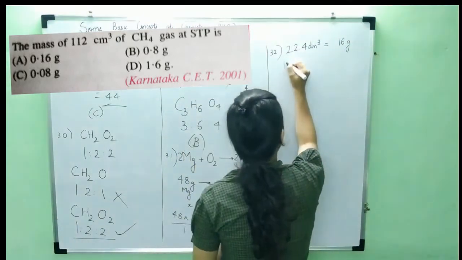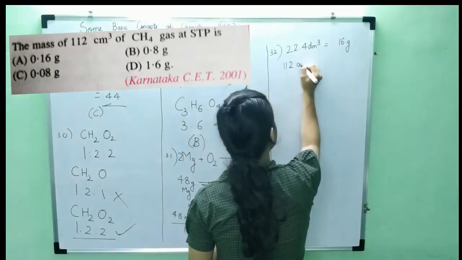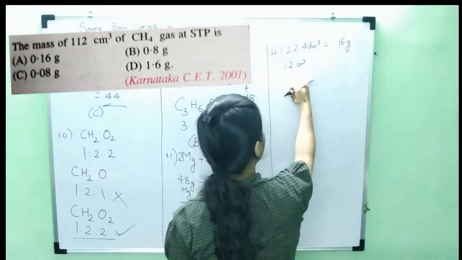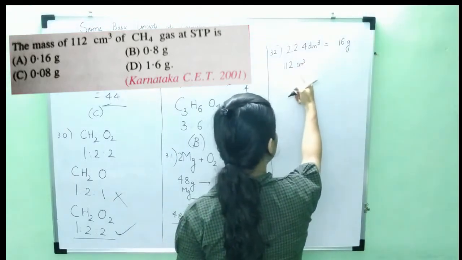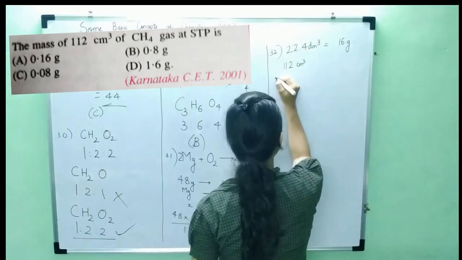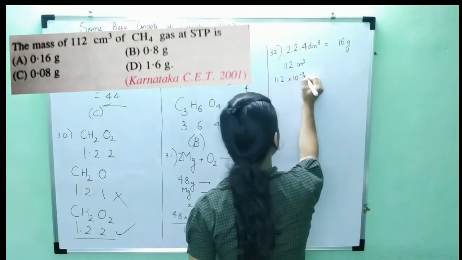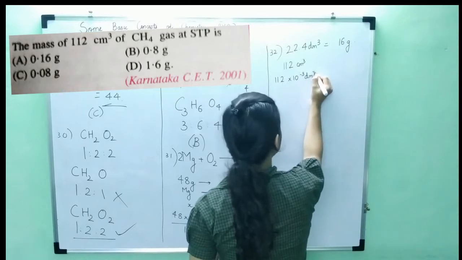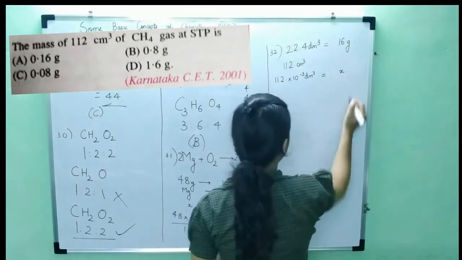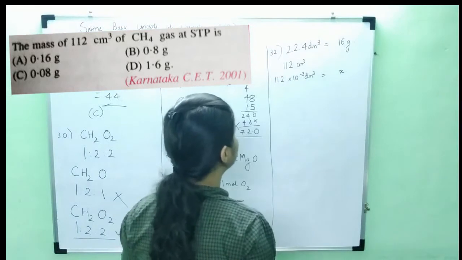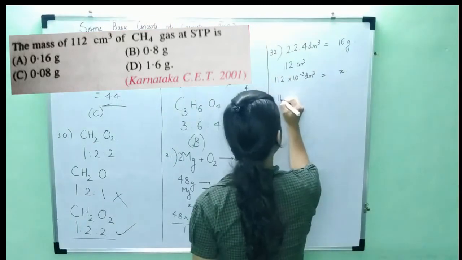Now 112 centimeter cube. First I'll have to equalize the units. This should also be decimeter cube. So what can I write? 112 into 10 to the power minus 3 decimeter cube. Now this is equal to how much weight? Okay, so just a cross multiplication.